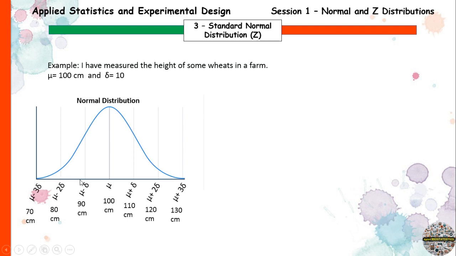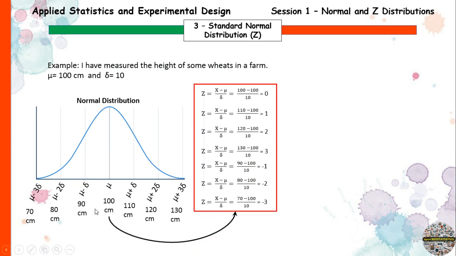And if I want to make a standard normal distribution, I need to convert my measurements to z-scores. For example, if I want to convert the 100 to a z-score, I first subtract the mean from it. Mean is 100, and divide by 10, and I will have 0.